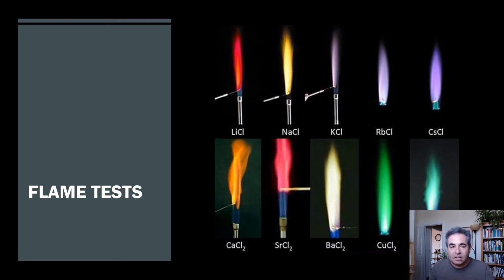Why do different elements emit different colors? Well, different colors correspond to the emission of different wavelengths. And we could measure those wavelengths, and it might tell us something about why these atoms are all different from each other. This is telling us something about the internal structure of the atom. And this is what we'll be looking at in this lesson.